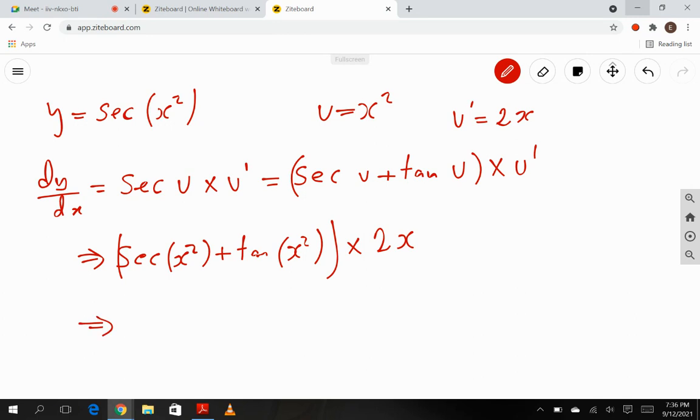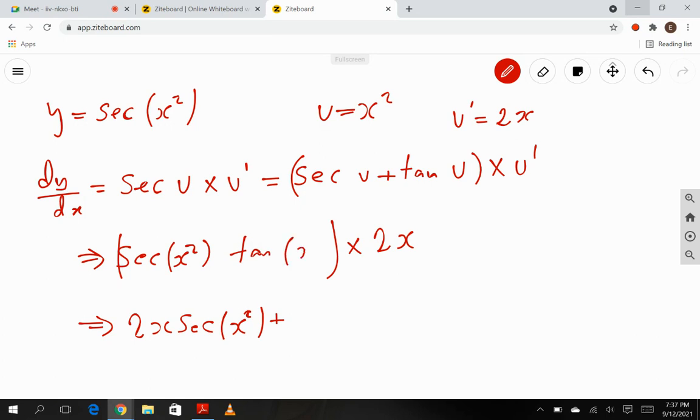Then just to write it better, it's best you put the 2x in front. Between the 2x and the sec there shouldn't be too much space. They shouldn't look like they are separate things. It's the same thing. Oh sorry, there's not supposed to be any plus sign, pardon me. There's not supposed to be any addition sign.